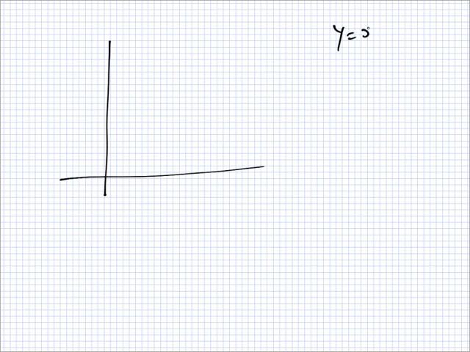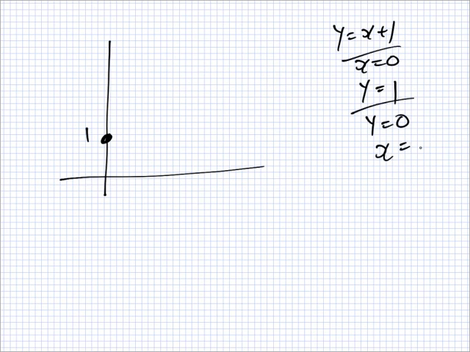So what have we got here? You've got the line y equals x plus 1. Now, if we look at this line, if x equals 0, what does y equal? 1. So that is here at 1. And then if y equals 0, x equals minus 1.